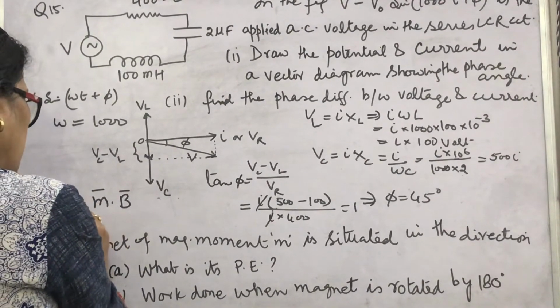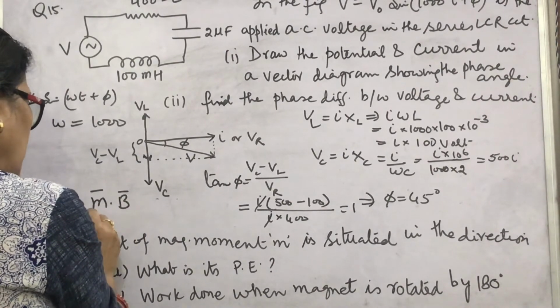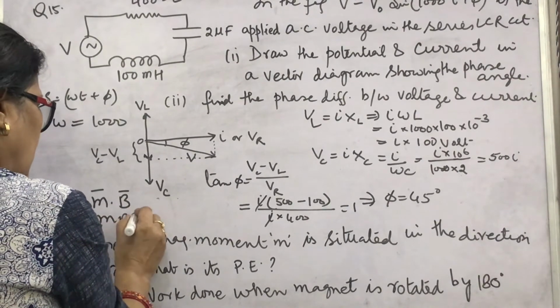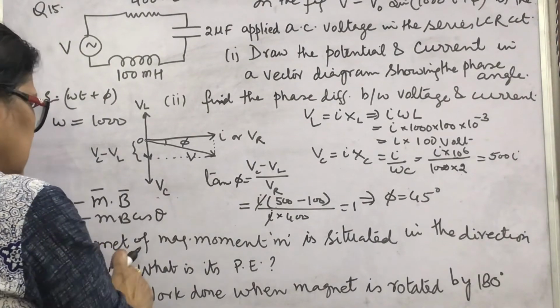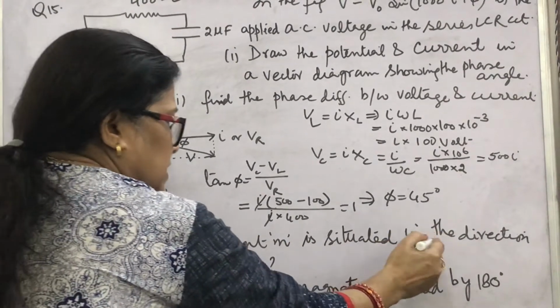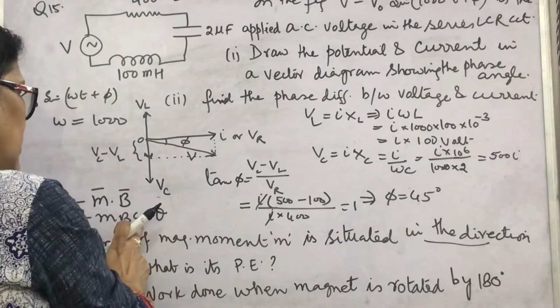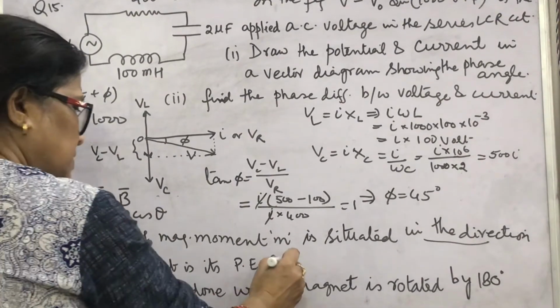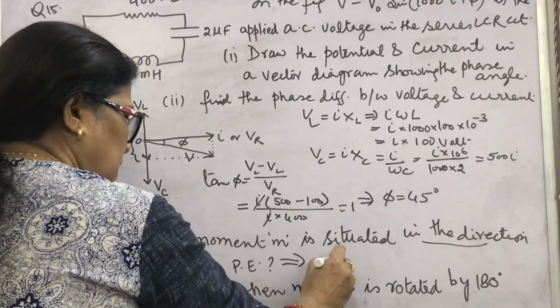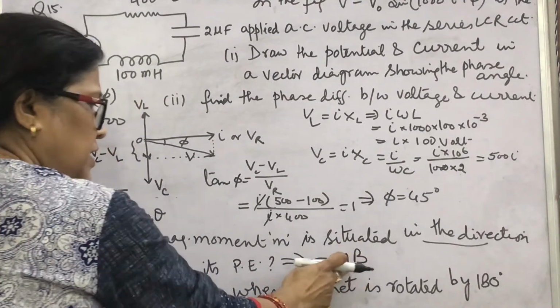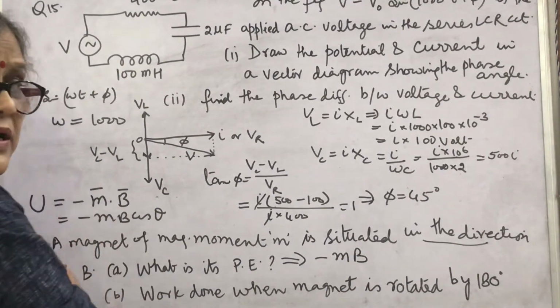So what can you write here? This is minus MB cos theta. Since it is given in the direction, that means theta is 0, cos 0 is 1. So what will be the answer of the first part? Only minus MB. Cos 0 will be 1, so only minus MB.